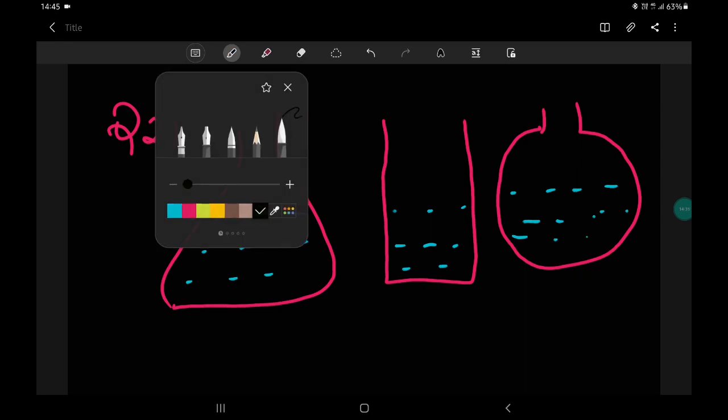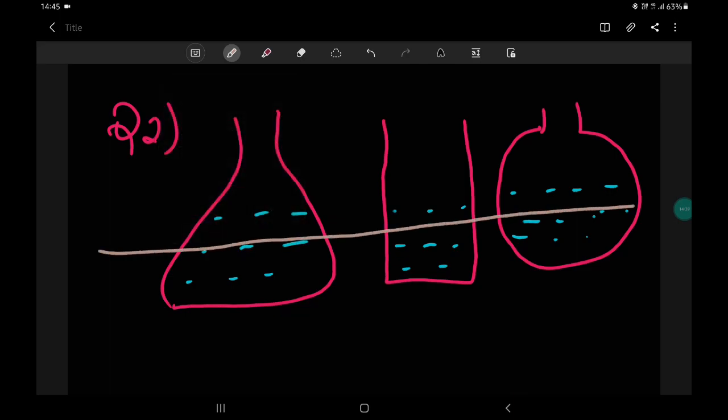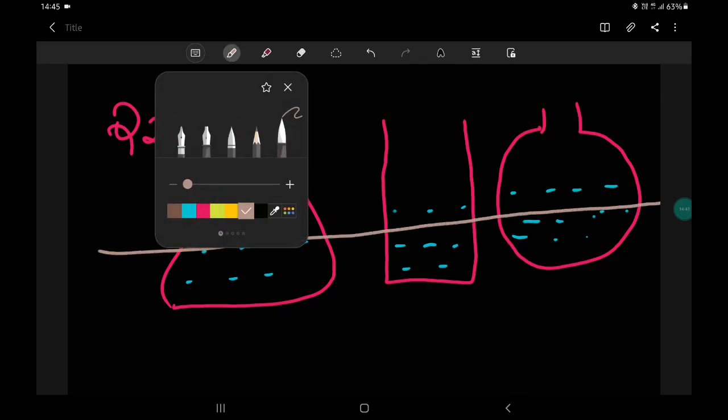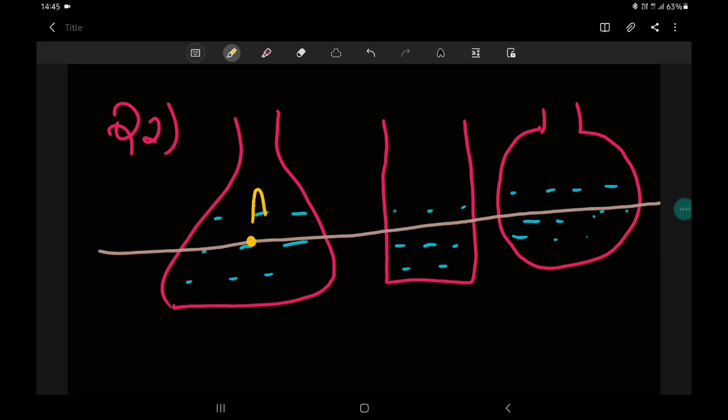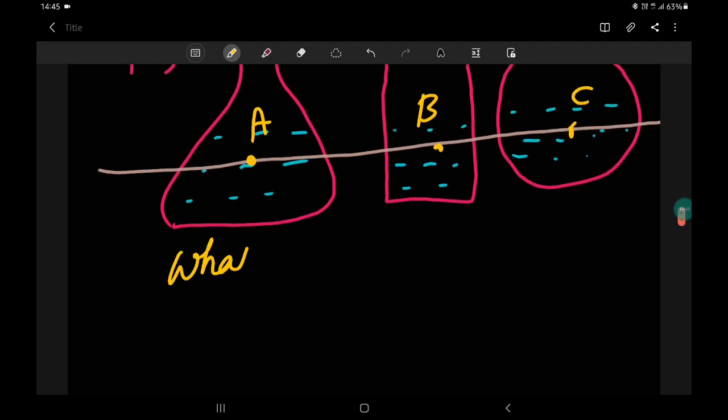I am drawing a line over here. Suppose I have point A here, point B here, and point C. What is the pressure relation?